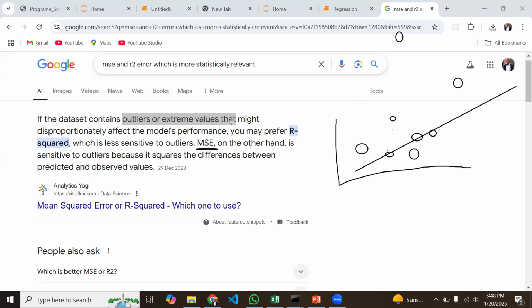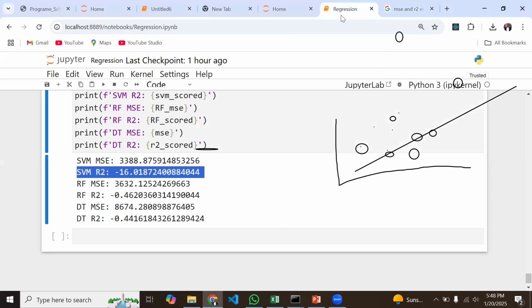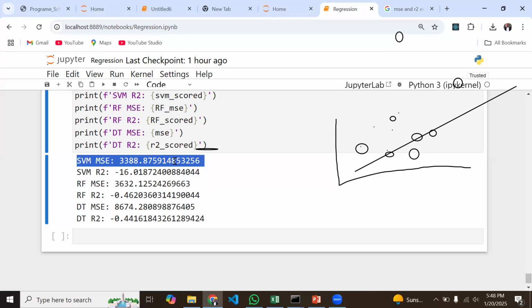So once again, a lot of this also lies in the kind of dataset you are working with. If you do a visualization of your data and you see that there are a lot of outliers in it, then going into the values that you'll be predicting, you know that the mean squared error is not going to do you justice because there are a lot of outliers.